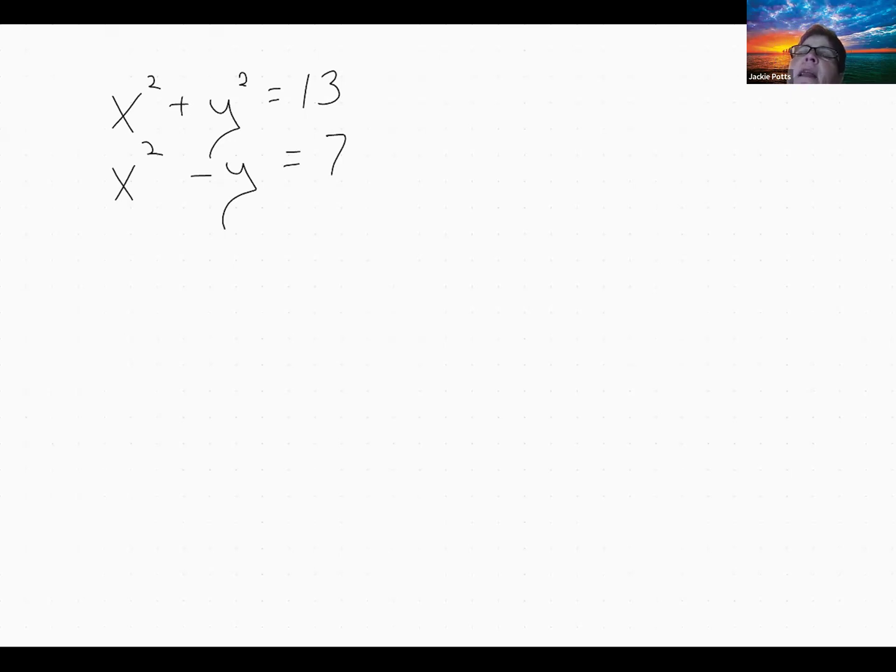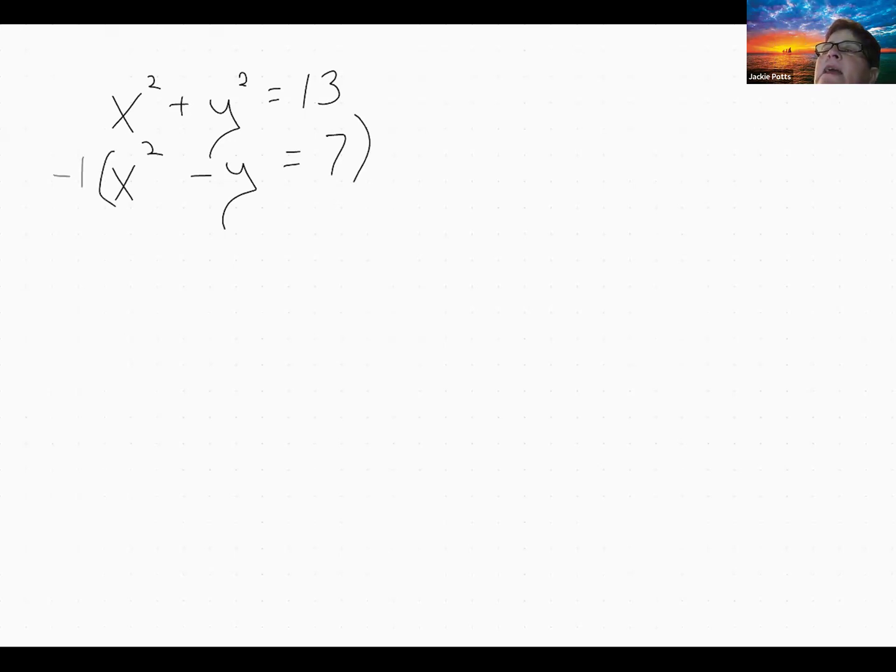So to be able to do that, I need one positive and one negative. I'm going to go through and multiply the bottom one by -1. So I end up with x squared plus y squared equals 13 on top.